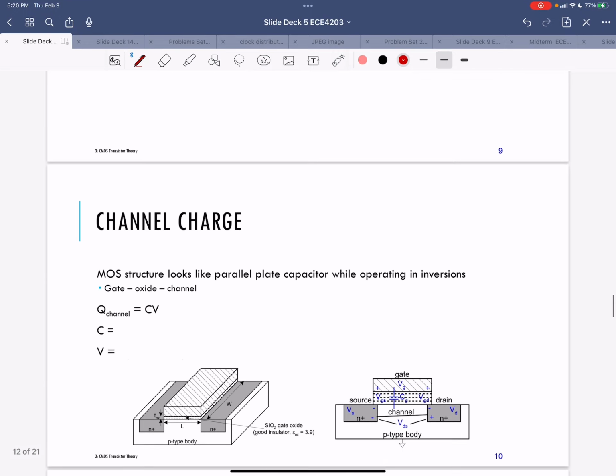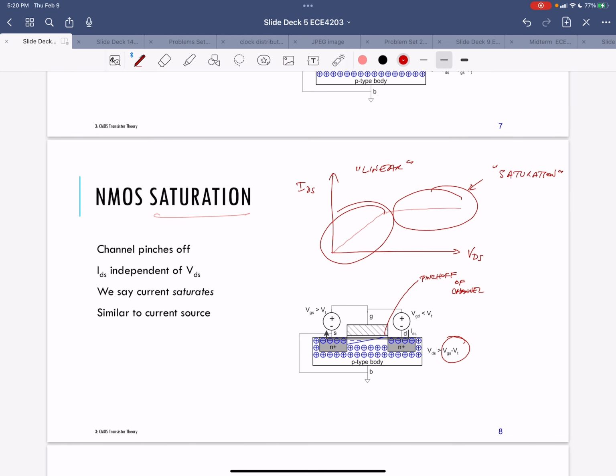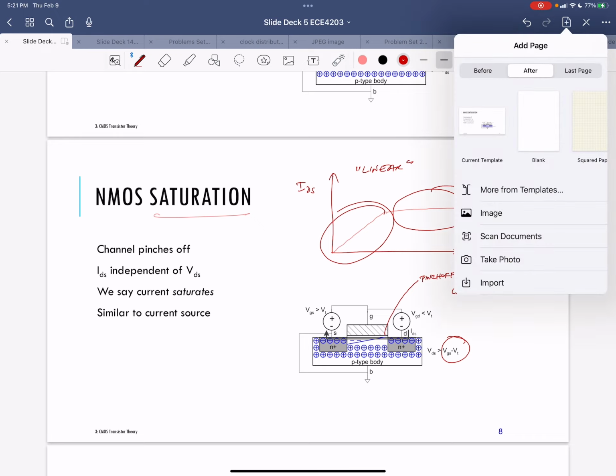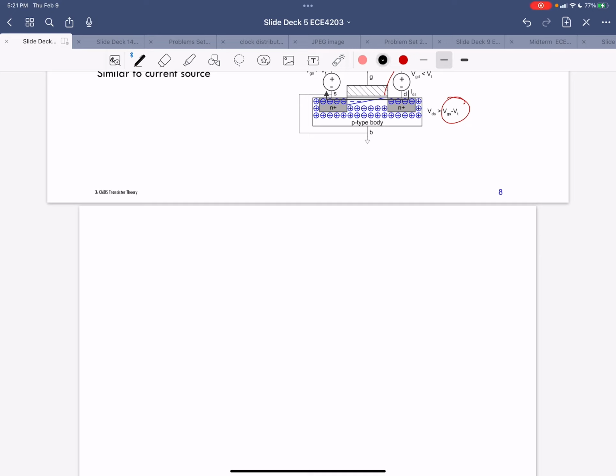So now this is roughly what you guys will see in your simulations. When you are simulating a circuit, you have an MOS transistor and you're putting a gate source voltage across the gate and source, and the drain source voltage across the drain to source.